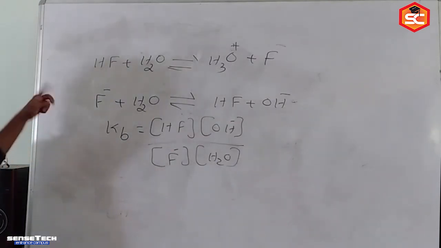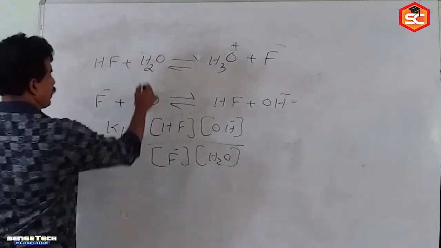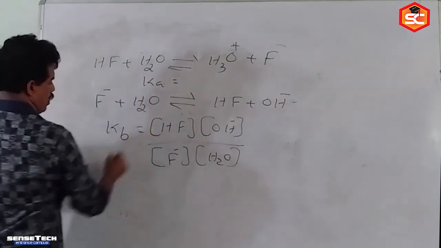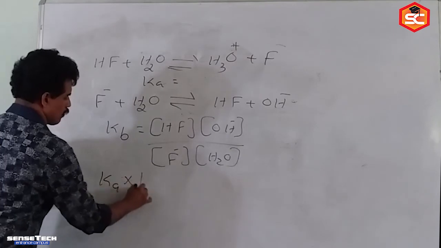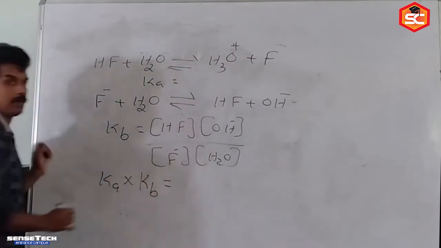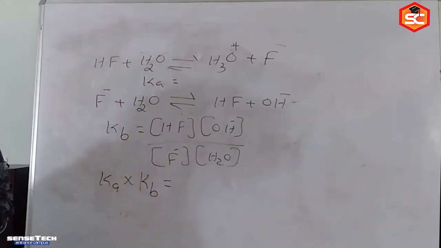Then you take Ka into Kb. Here we get Ka, and Ka into Kb is always 10 to the power minus 14, because that is Kw. But pKb is given in the question. pKb is 10.83.